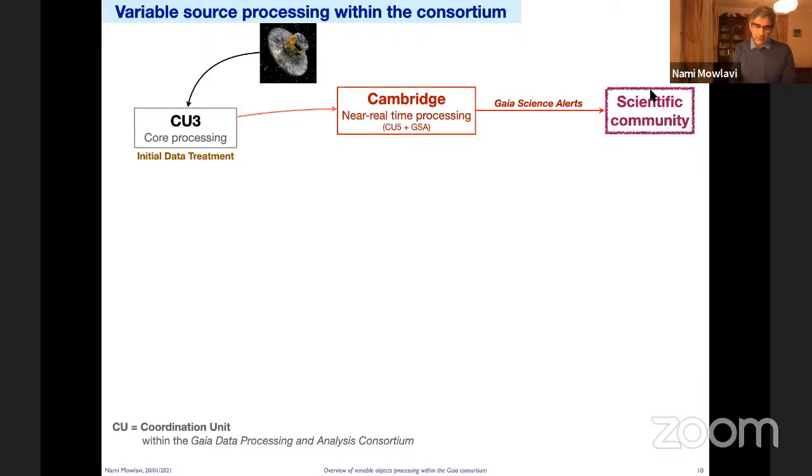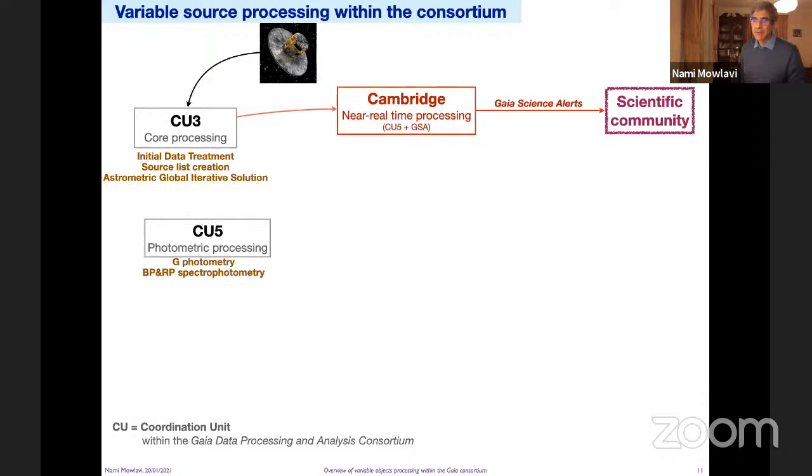Within the consortium, there is a very large team which has been set up for more than a decade, and that has been divided into several what we call coordination units, each of them having a specific purpose in the processing of the data.